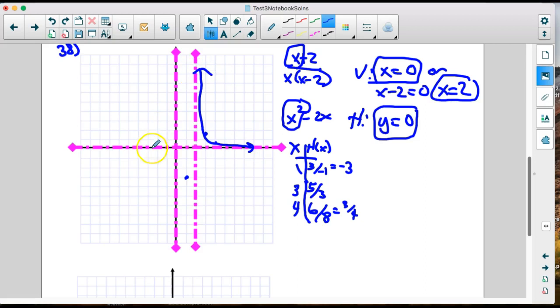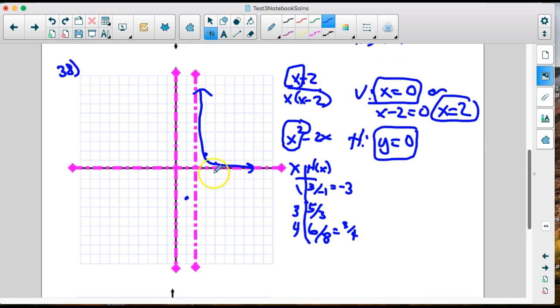Okay, and I'm not sure if this goes up or if it comes down here yet. I would try another point. There's not an integer point here, but we can try something. We can see if we can get it to equal 0, because it has to cross this axis here. It's got to go through it here. This part is not really a horizontal asymptote. It's a horizontal asymptote to the right or left.